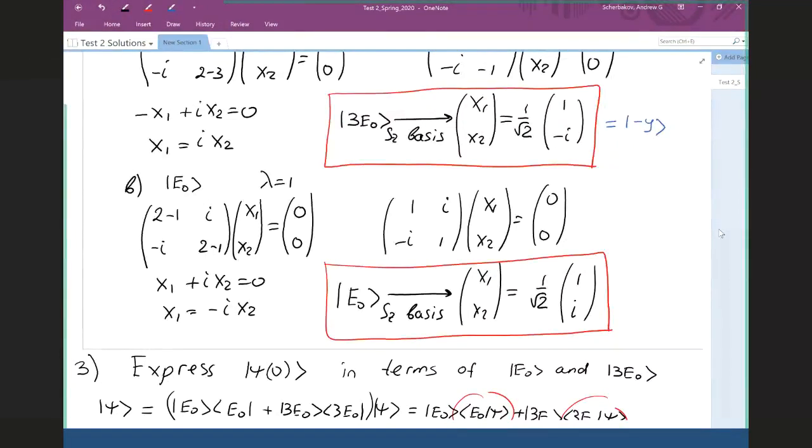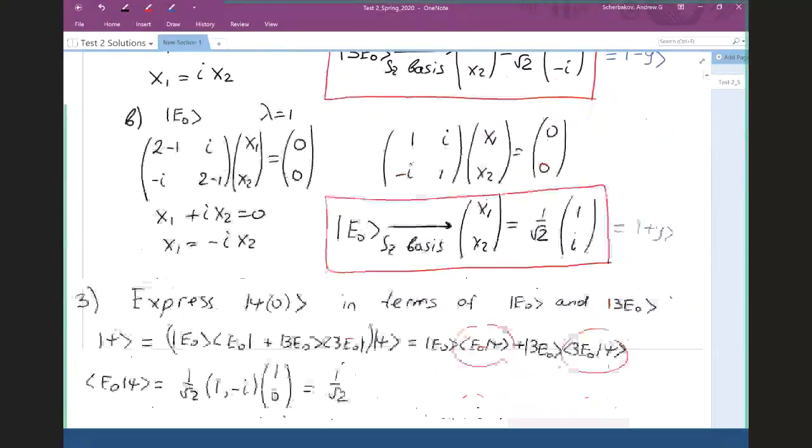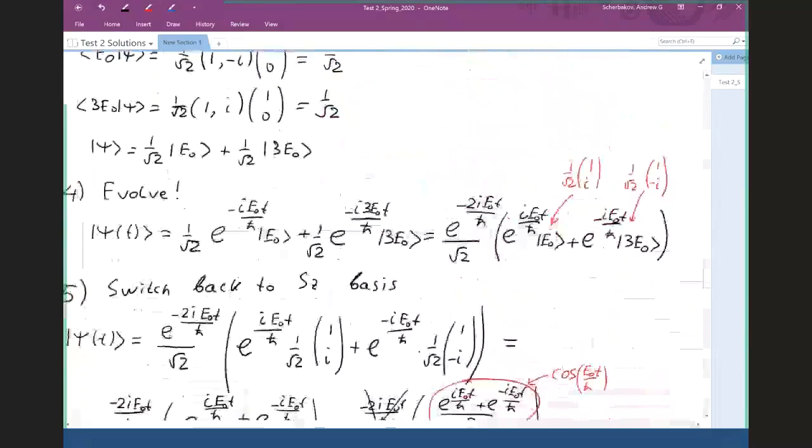And E naught, this is really just the plus y ket in the Sz basis. So we see that the Hamiltonian and the Sy operator share eigenstates. They have the same eigenstates, and since they have the same eigenstates, they commute.